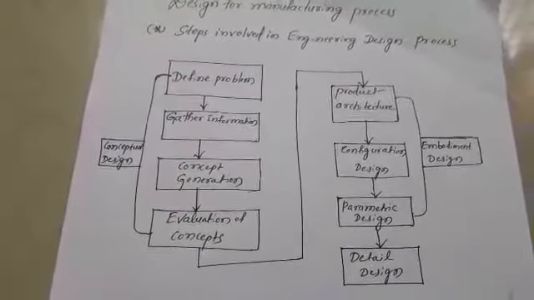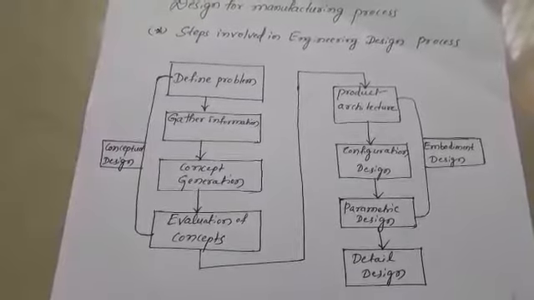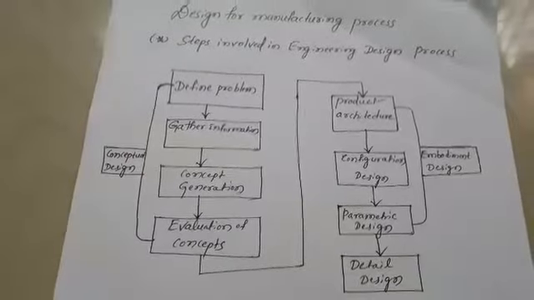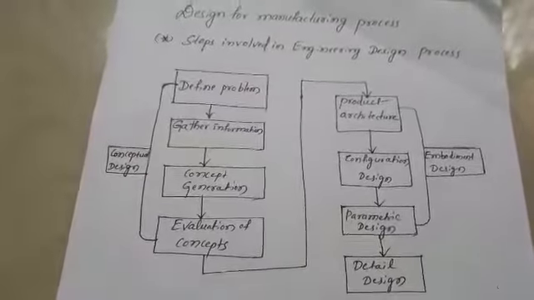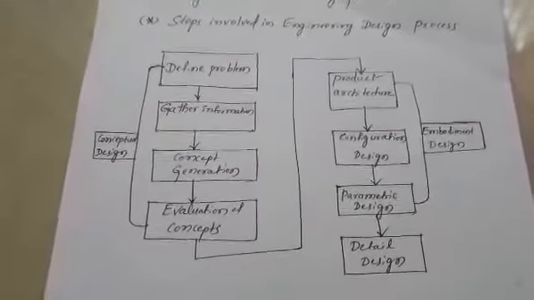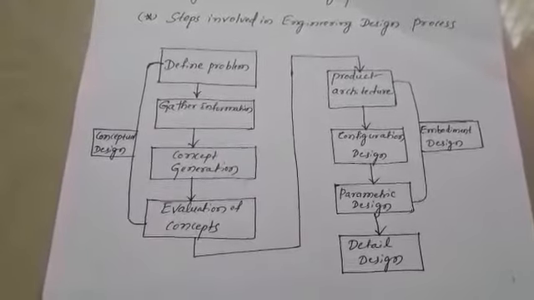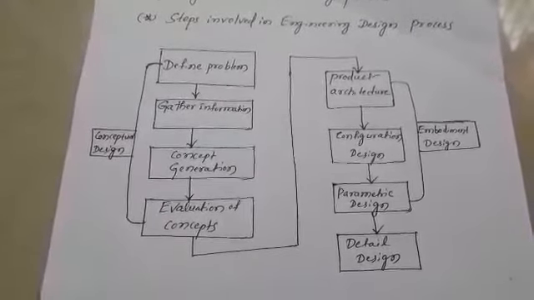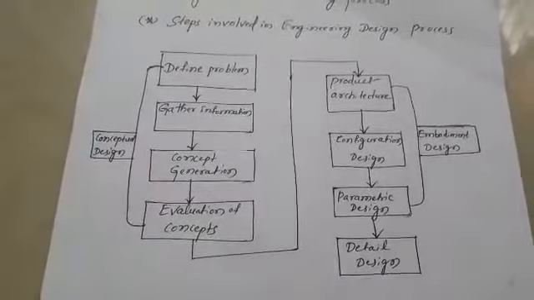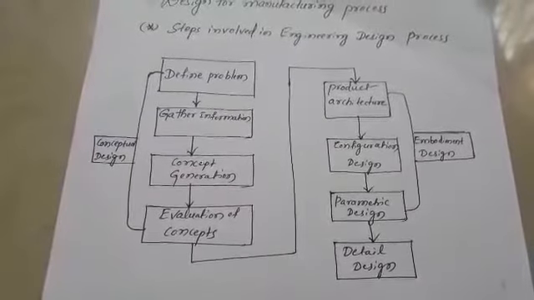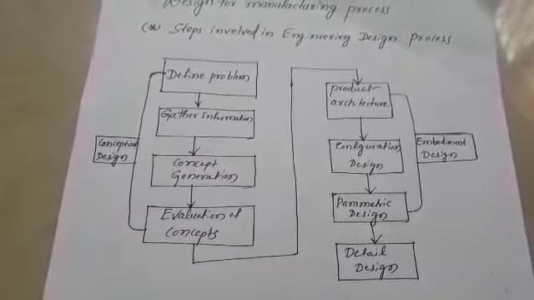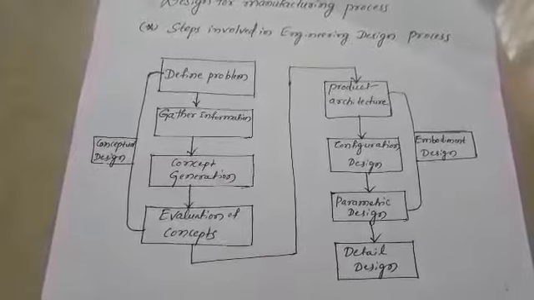Means the detailed description about that product should be included in the detailed design. For example, if any information is missing in the previous steps, those are to be done in the detailed design.